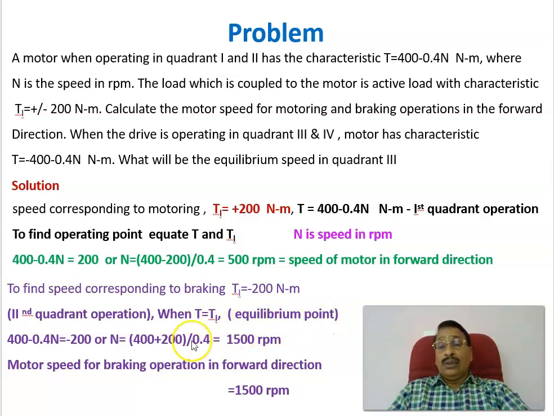So 400 minus 0.4 N equal to minus 200, or N equal to 1500 rpm. That is the motor speed for braking operation in the forward direction, the second quadrant. Therefore, in both cases we have to equate the motor torque to the load torque, and the corresponding speed N is the equilibrium point at that load condition.